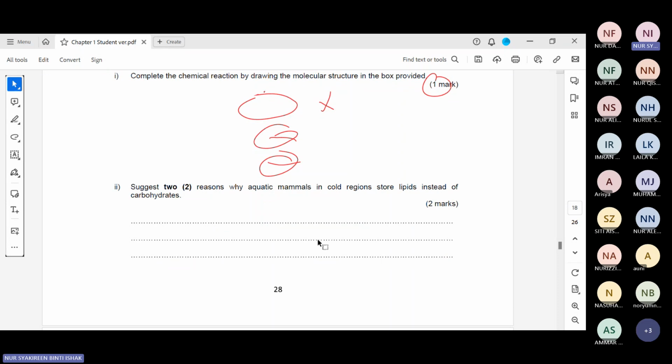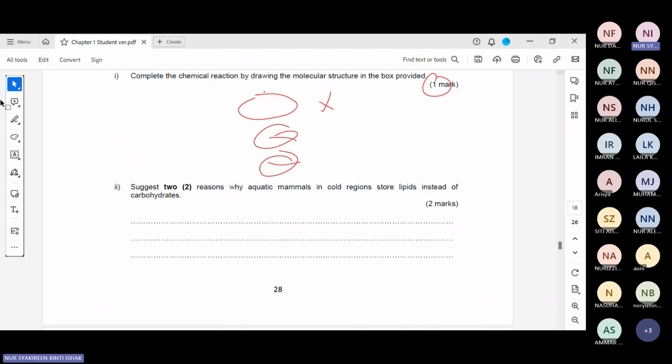Okay, next, suggest 2 reasons why aquatic animals in cool regions store lipid instead of carbohydrates. So lipid, kalau kita tengok kan haiwan yang duduk dekat tempat-tempat yang ada iceberg semua tu kan. So macam whale ke, seal ke kan. So dia gemuk-gemuk kat situ.